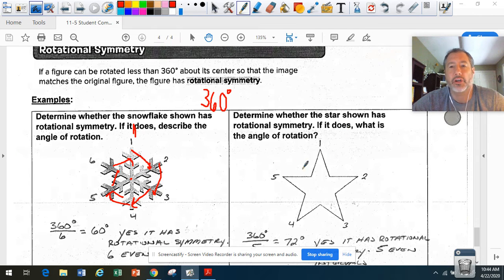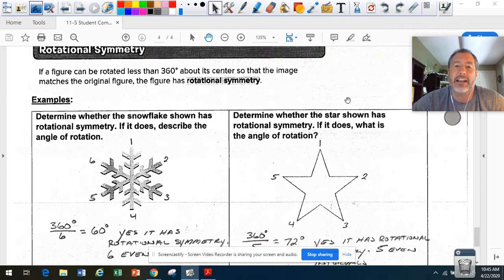Let's look at this star here. Determine whether the star has rotational symmetry. Well, if I rotate it down, down, down, down, down, boom, which is going to bring this 5 up here. And when I stop, does the figure still look the same? Yes, it does. That's 1 rotation, 2, 3, 4, 5 rotations to do a complete 360-degree turn.